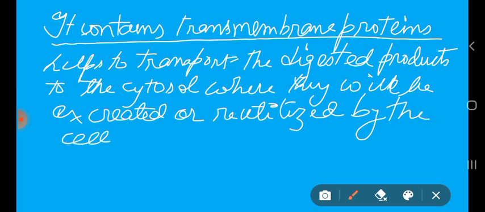Now, the lysosomal membrane also has some proton pumps.